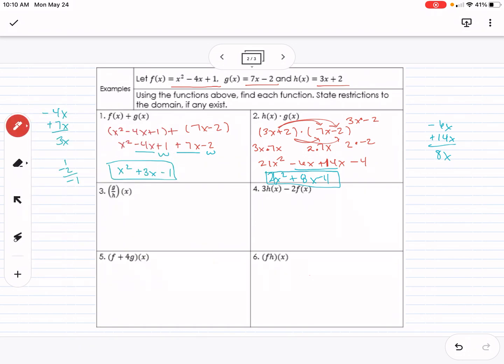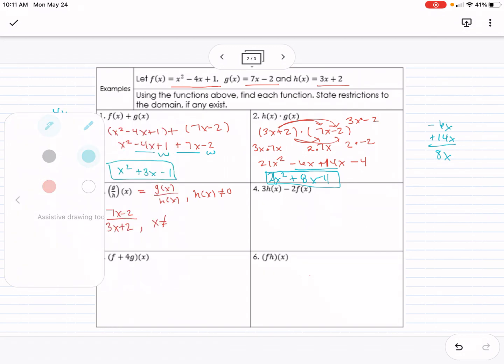On this next one, I'm doing g over h of x. That's another way of saying g of x divided by h of x. And remember, your denominator cannot equal 0, so we might have to find a restriction in the denominator there. So g is 7x minus 2, and h is 3x plus 2. And when you find your restriction, you're solving for x in the denominator when it's equal to 0.